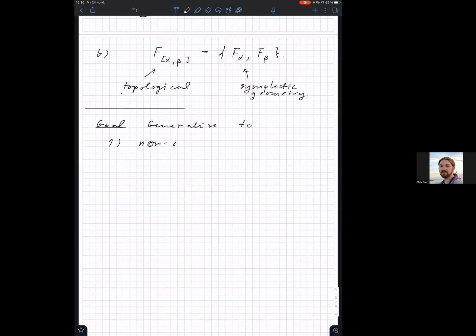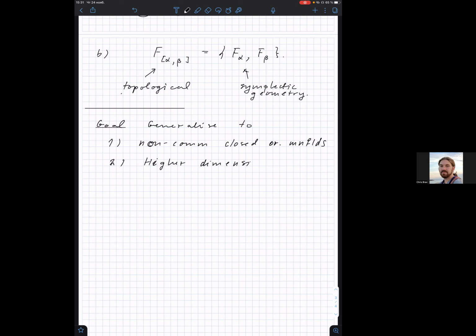I'll have to tell you what I mean by that. This is where the Calabi-Yau categories will come in. Two, I want higher dimensions. Instead of working with surfaces, I want higher dimensions.